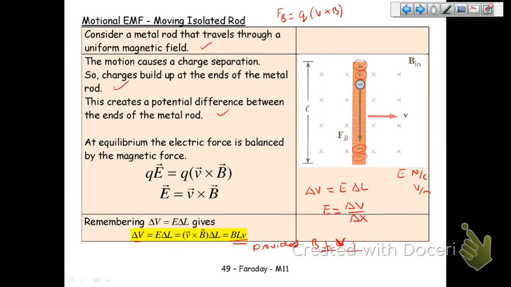So this is a highly specialized case, BLV. I remember learning that actually in high school. That's all I knew, that EMF equals BLV in this very special case. I had no idea where it came from. And now we see where it comes from.